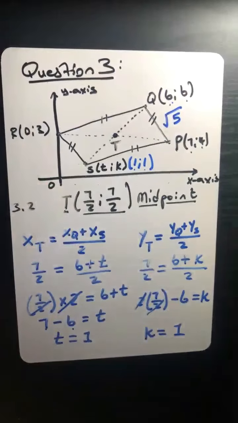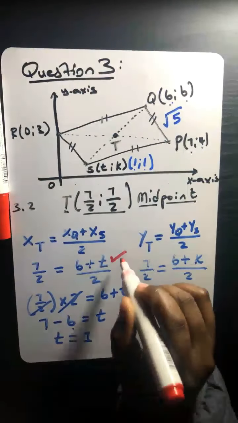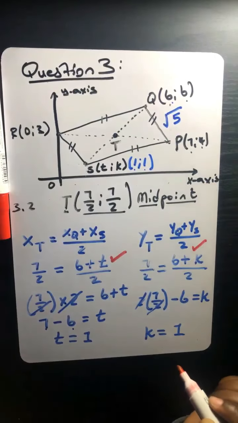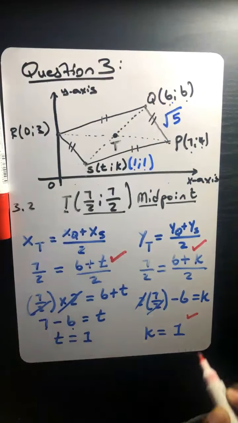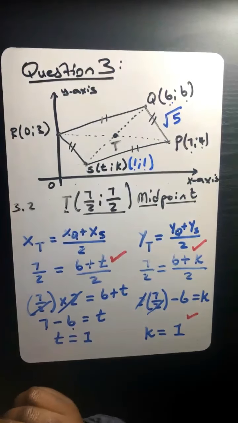Let me just get another marker. I'm going to give you a mark for correctly substituting the x values, and also a mark over there. So for both of these answers, I'm also going to give you a mark. Then you've secured 3 more marks in the back.